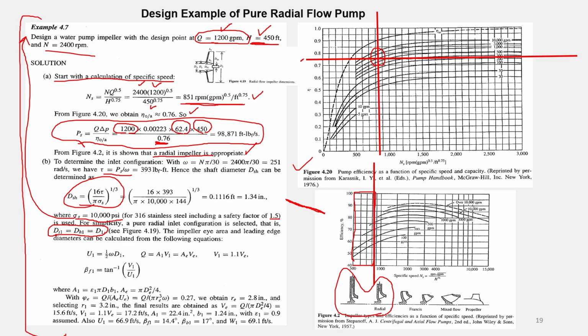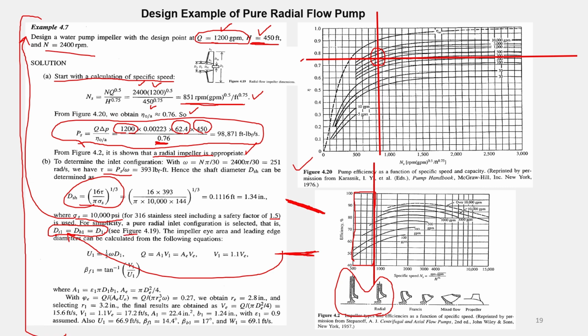For example, in mixed flow the leading edge of the blade is inclined this way, but in this case we have a horizontal leading edge. That's why the diameter of the tip is equal to the diameter of the hub equal to diameter 1.